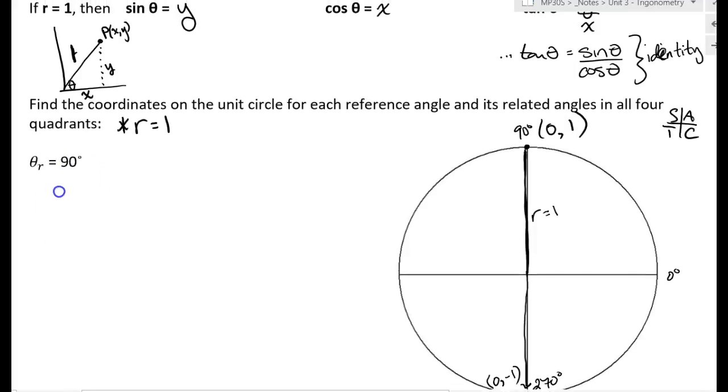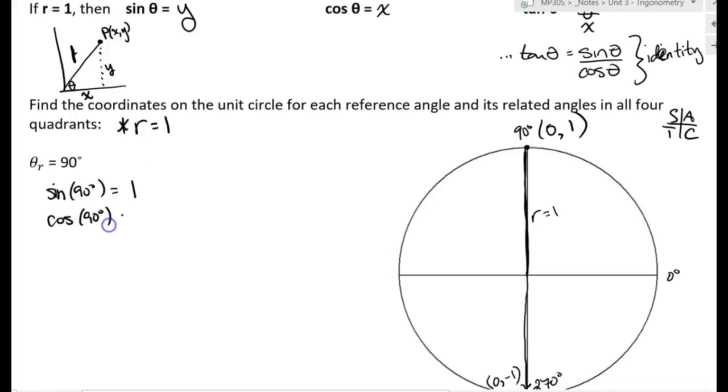So going back to what we've just written up at the top, sine of 90 degrees is equal to our y value. So that is 1. Cosine of 90 degrees is going to be equal to our x value. So that is 0.